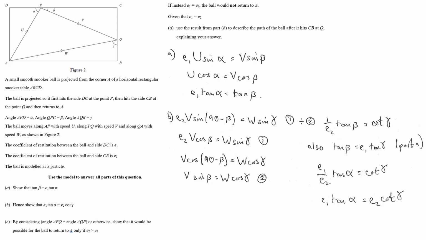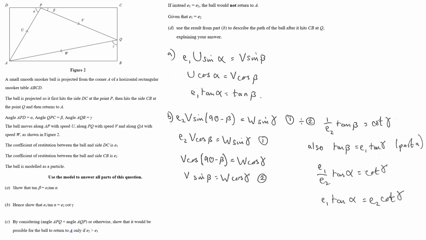And also we worked out earlier that tan beta, for part A we were asked to show, is equal to E1 tan gamma. And what have I done there? I've substituted for tan beta.